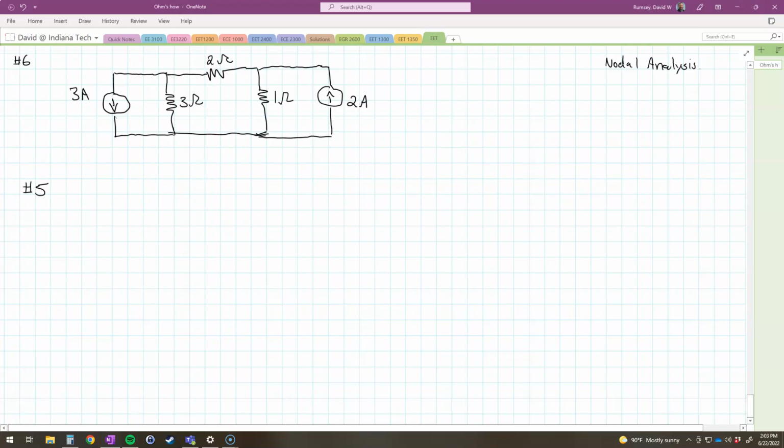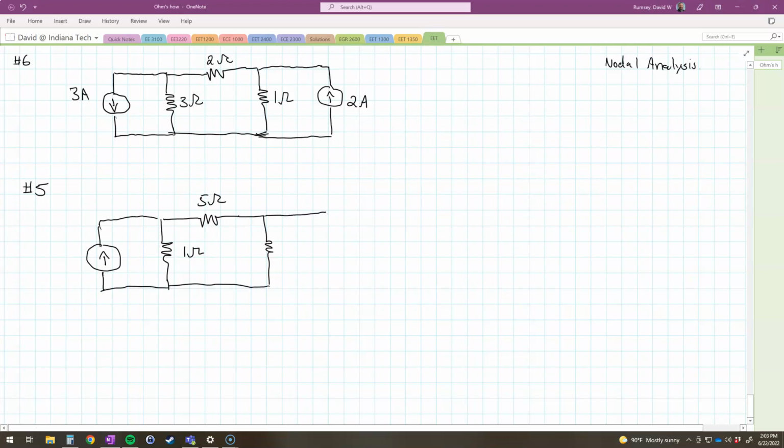So this circuit here looks like the following. And this is 2 ohms.